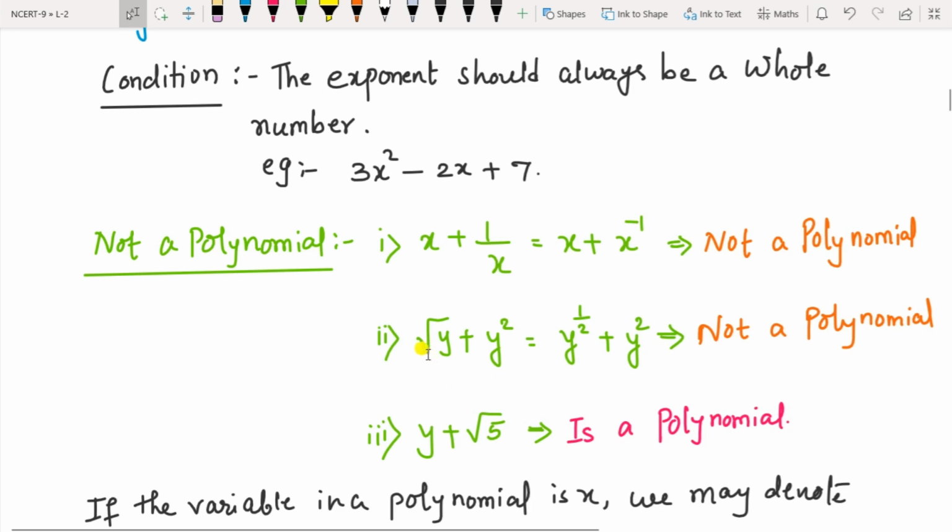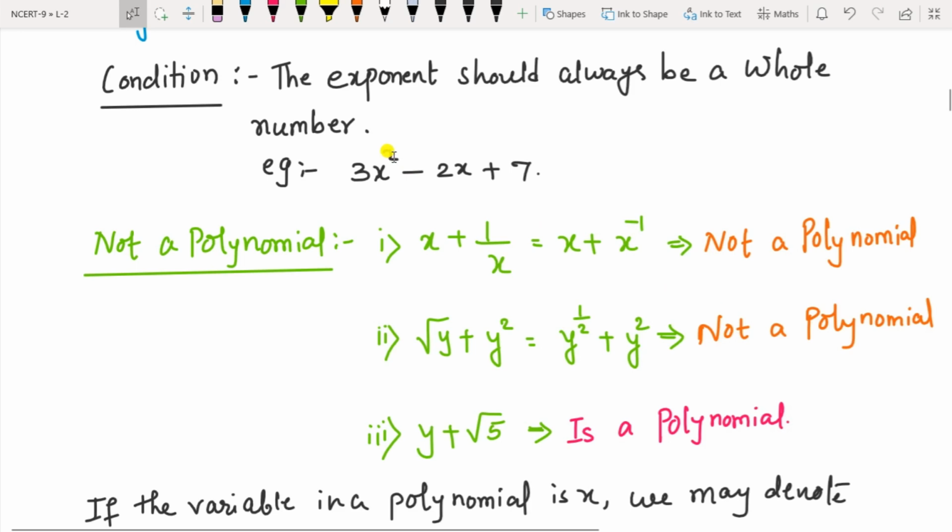Second example is root of y plus y square. Here the exponent of y is 1 by 2. If the exponent is a fraction or in root form, then it is also not a polynomial. The exponent of the variable should not be a negative number or a fraction.